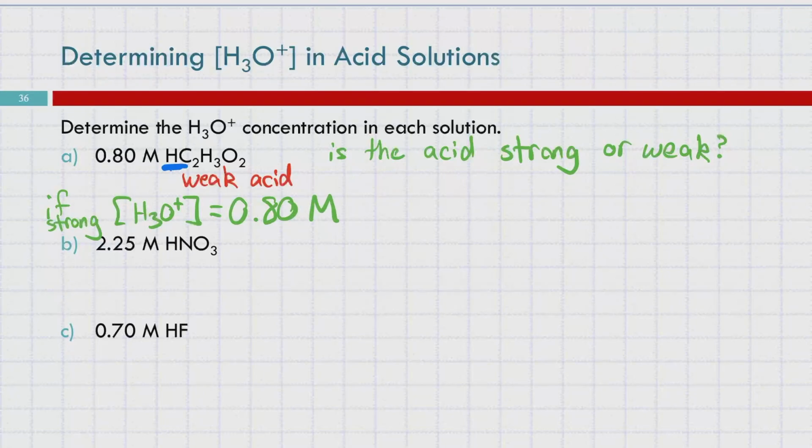It is not strong. Are we going to have that amount of H plus, more than that amount of H plus, or less than that amount of H plus? It's less. I feel like I'm just confusing people.